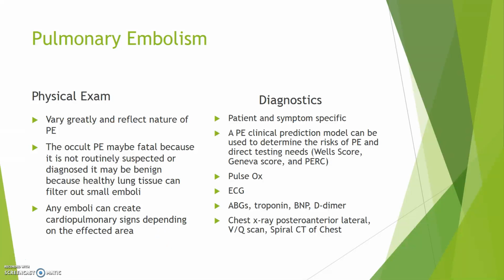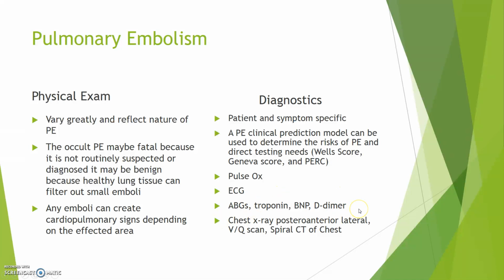So diagnostically, really we're looking at the patient and symptom specific. A pulmonary embolism clinical prediction model can be used to determine the risk of PE and direct testing needs, and look at those examples: the Wells score, Geneva score, and the PERC. Pulse oximetry is a critical part of our diagnostics, ECG.